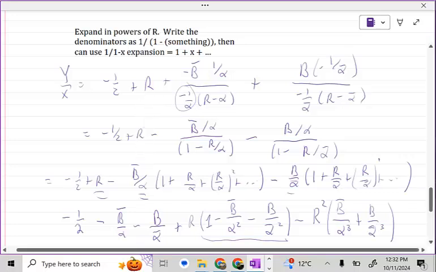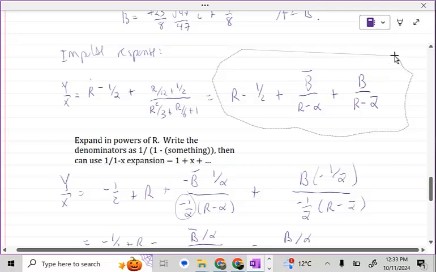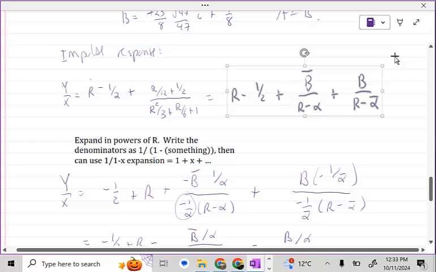Now it's actually more convenient to use the form up here. I'll use this form here. Let me grab this and take it down.